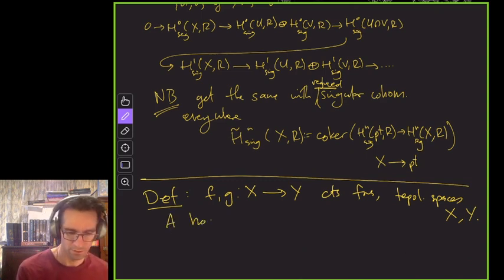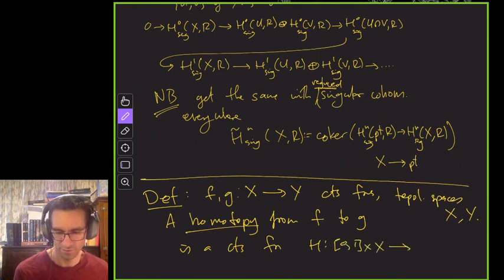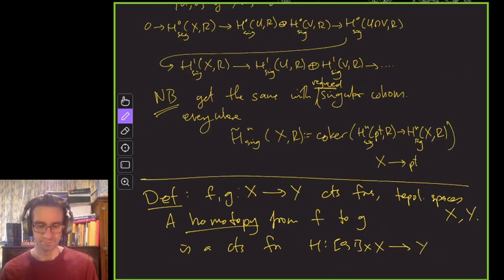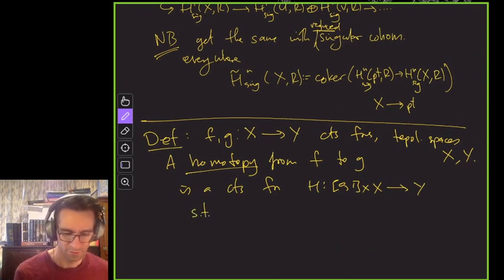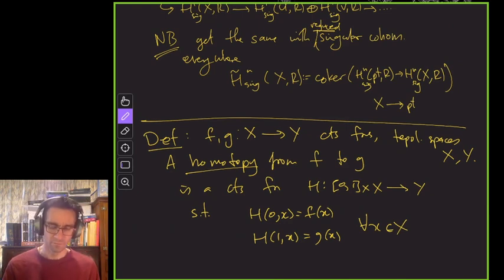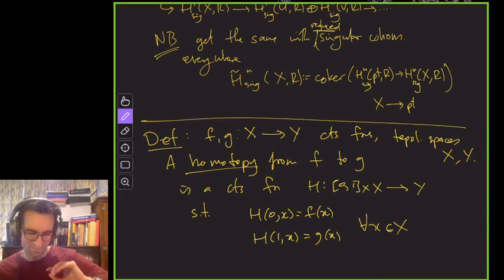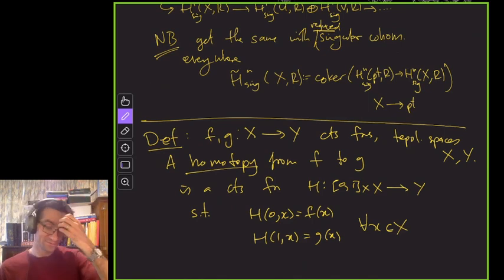So a homotopy from f to g is a continuous function h from the interval times X, with the product topology, to Y, such that h(0,x) equals f(x) and h(1,x) equals g(x) for all points little x in big X. So you should think of the parameter t in the interval: as you increase it from 0 to 1, it deforms f into g continuously.